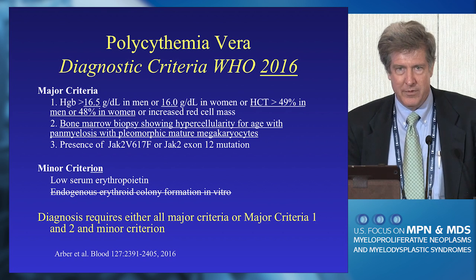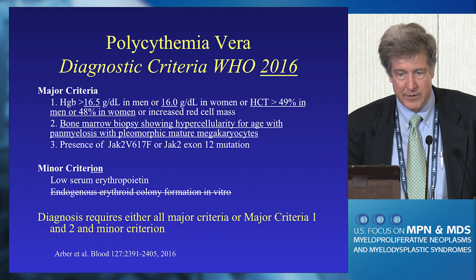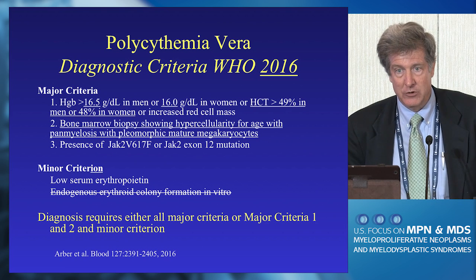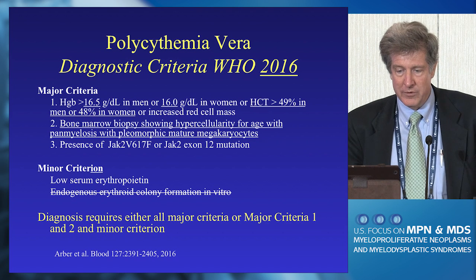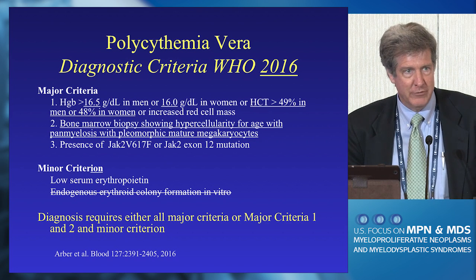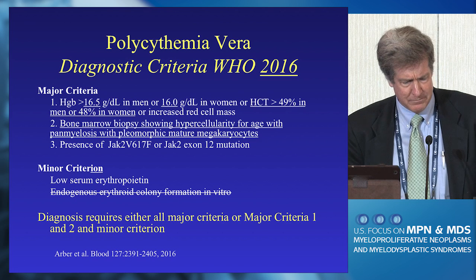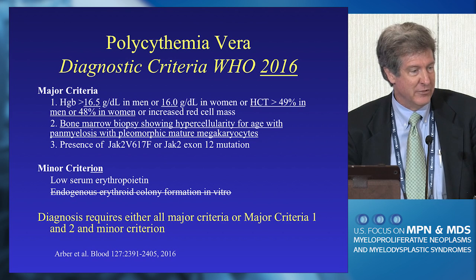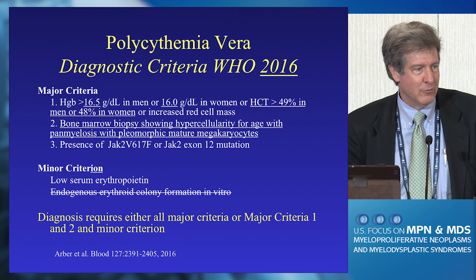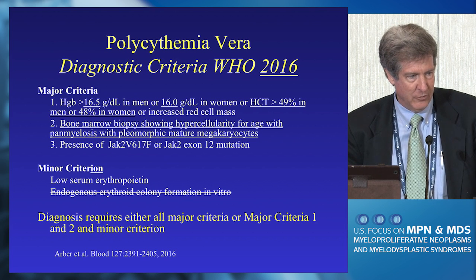They moved the finding of panmyelosis from a minor criteria to a major criteria, and again kept the JAK2 mutation status as a major criterion. They removed endogenous erythroid colony formation in vitro, and this was obviously prompted by, I think, the well-known experience that this is not really a CLIA-approved test, and outside any research laboratory, this was not something that was really easily accessible.